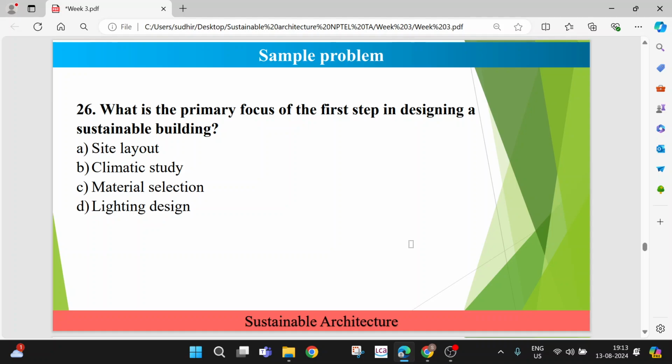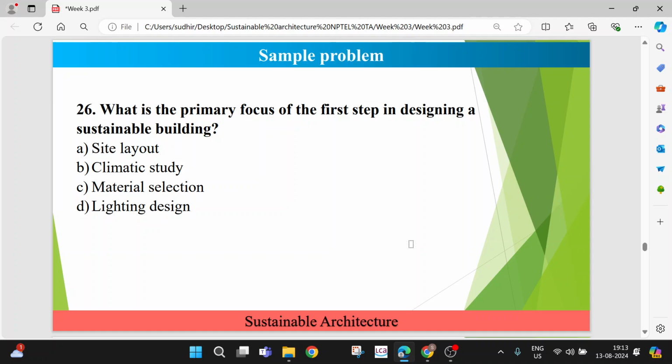The first step in designing a sustainable building is conducting a climatic study. It is done in order to understand the environmental conditions and physiological objectives of the site. This information guides all subsequent design decisions that have to be taken in the future for this sustainable building construction.